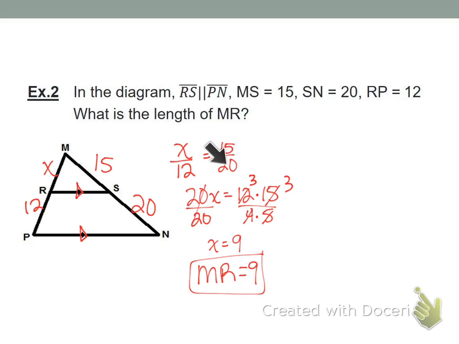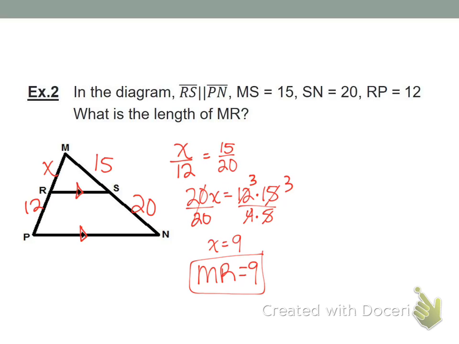Yes, when you set this up, if you'd wanted to reduce 15 over 20 first, that would have been fine. You could do that. You need to be showing me your original proportion, and you need to show me some of your steps to solve it. Like, show me your cross products. If you don't show me divide by 20, I can live with that.